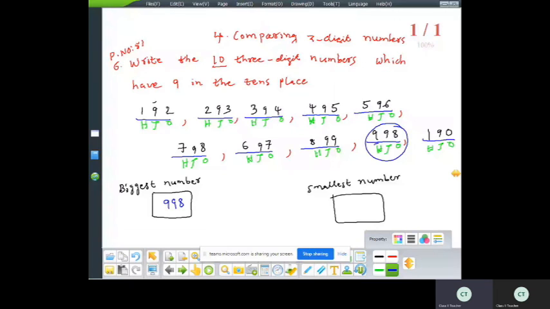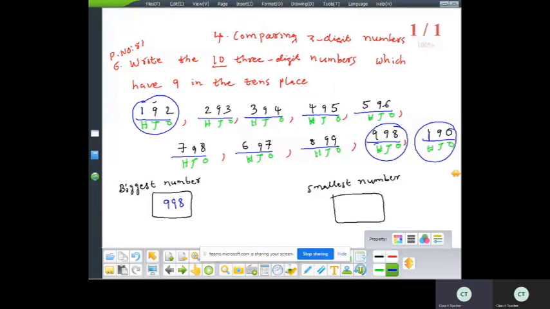Now smallest number. See the smallest digit in the 100 place. 9, 1, 1. In tens is 9, 9. Ones is 2 and 0. 100 place the digit is 1. Here also 1. Next we compare in 10th place.